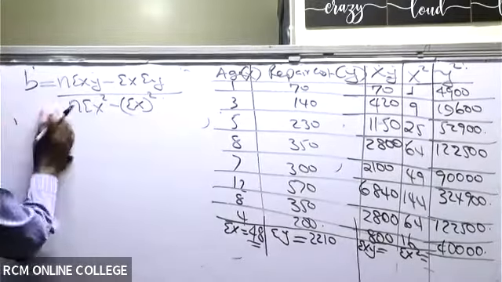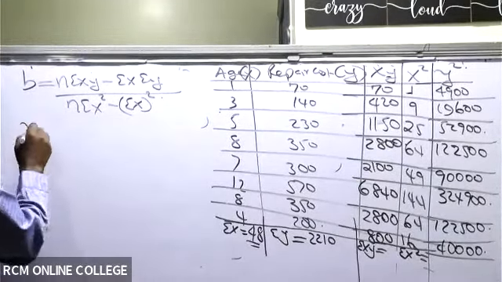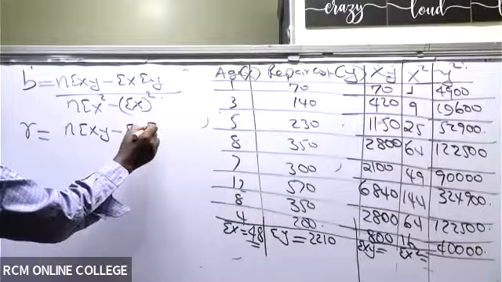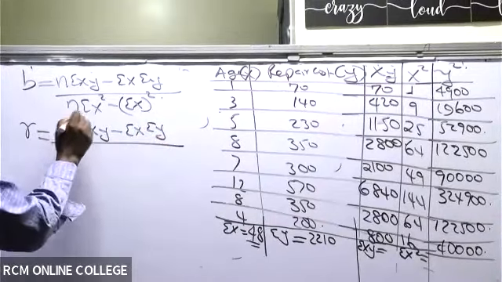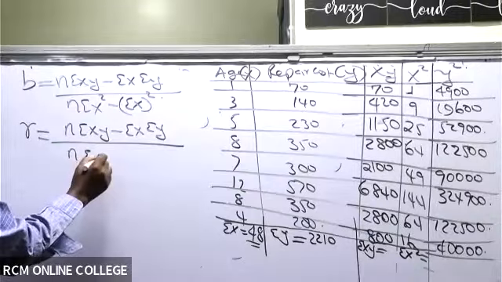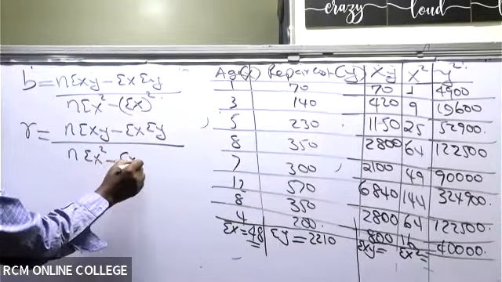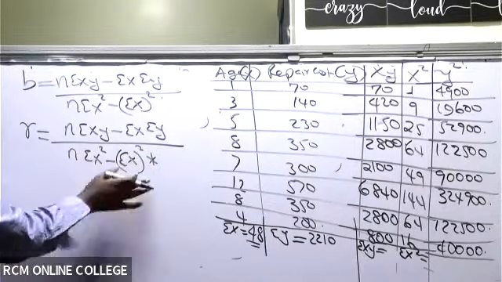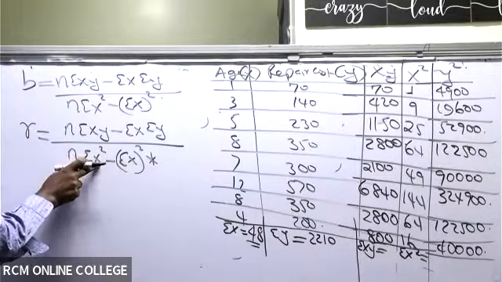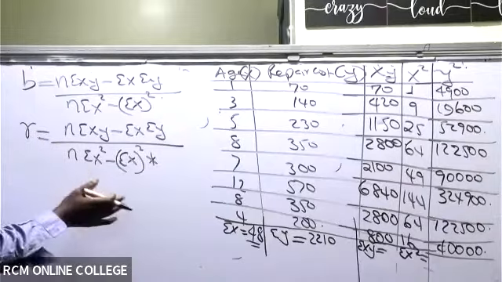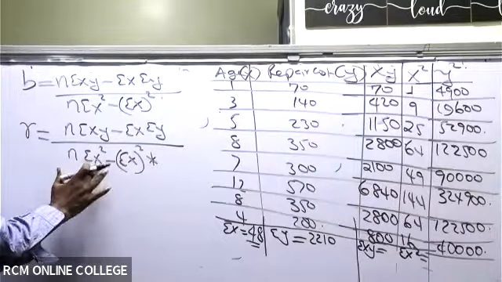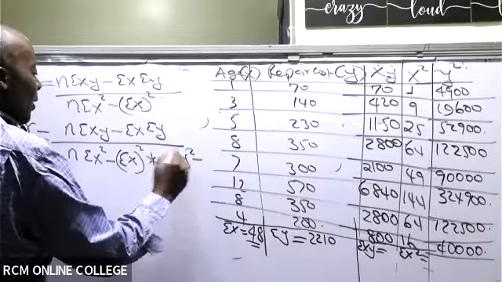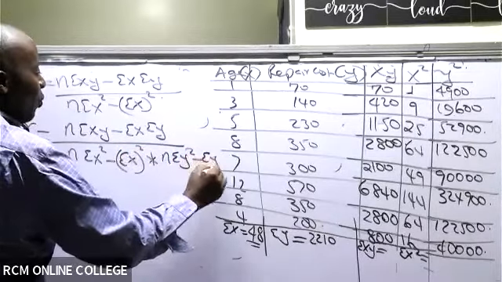To be able to get our r, this is normally what we do. The numerators will be the same: n summations of xy minus summation of x, summation of y, all over this: n summations of x squared minus summation of x squared, times the same style, but now we replace with y, because you are correlating two. So it becomes n summations of y squared minus sum of y squared.